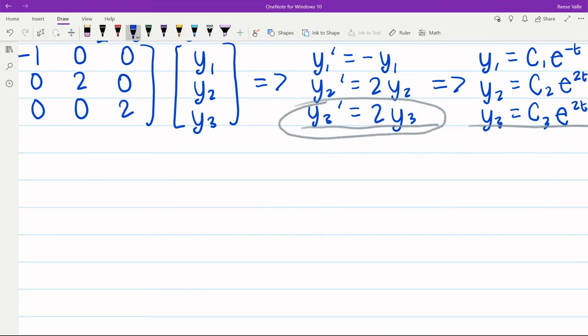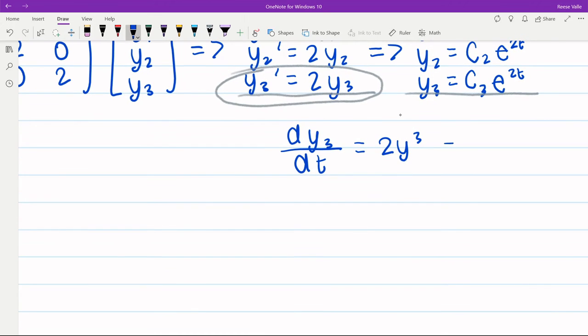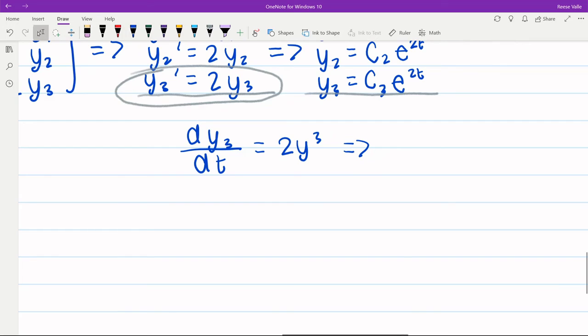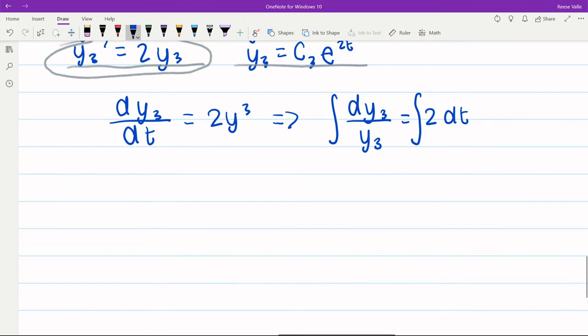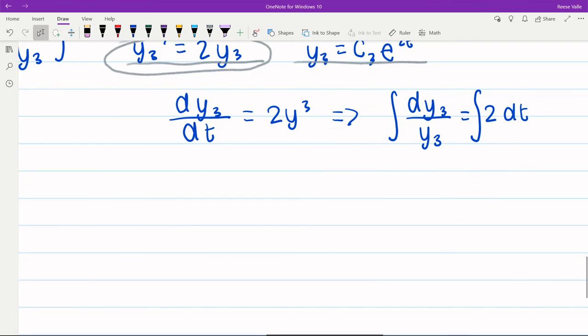And so y3 prime could also be written as dy3 over dt equals 2y3. So using differential equations, we're going to turn that into dy3 over y3 equals 2 dt. Integrate both sides, not differentiate technically.